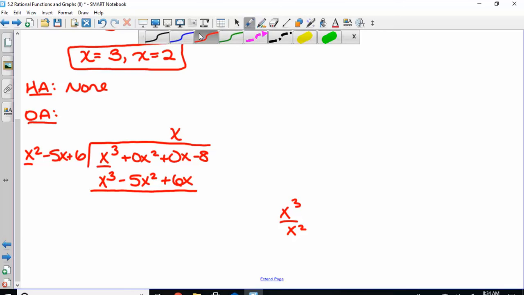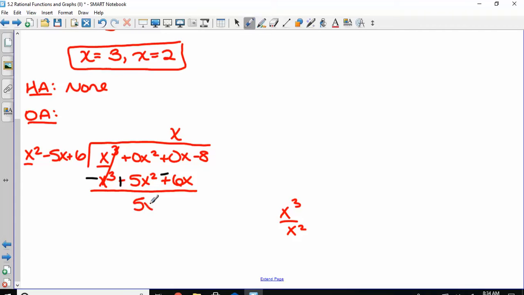Change all of the signs, because we want to subtract that off. Divide again. 5x squared divided by x squared. 5. So our oblique is y equals x plus 5.